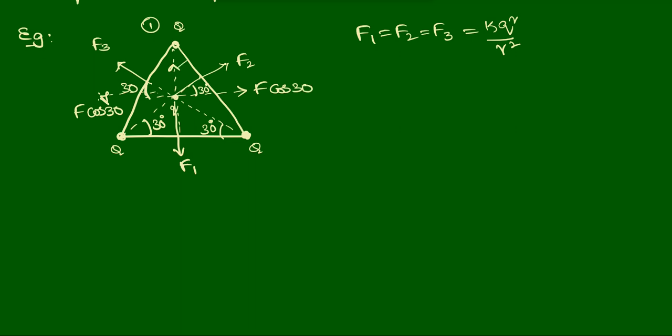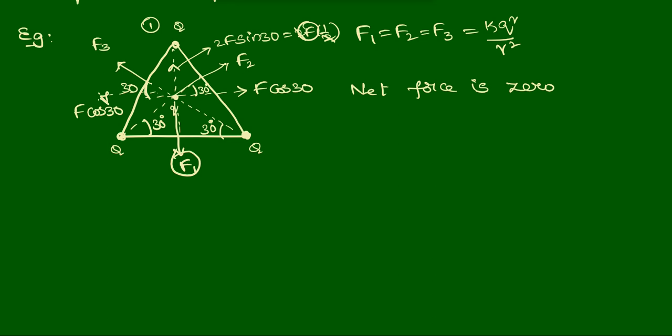For the same forces in this direction, we'll have 2F sin 30. 2F sin 30 is nothing but 2F into 1 by 2. So the 2 gets cancelled. This force gets cancelled with this. So the net force on the charge at the center will be 0. This is true only when all the charges are identical in magnitude as well as in sign. Then only we can solve this kind of question.